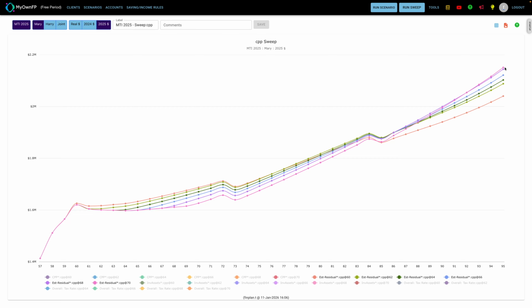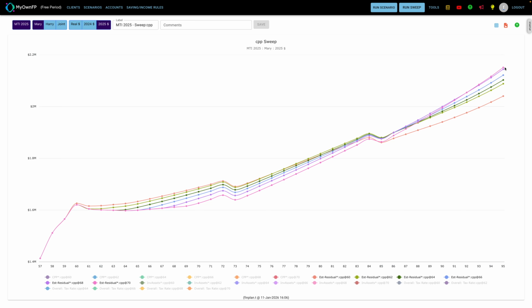So take it with a grain of salt as to what the optimal taking out of your CPP is going to be. That's how that works. So the fact that they're relatively the same, 68 and 70, you could say take either or.